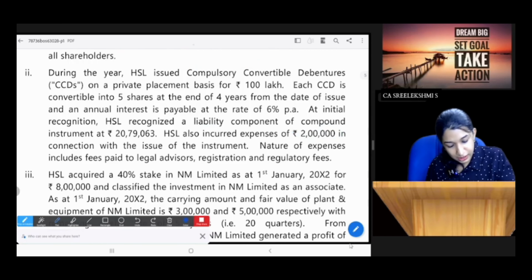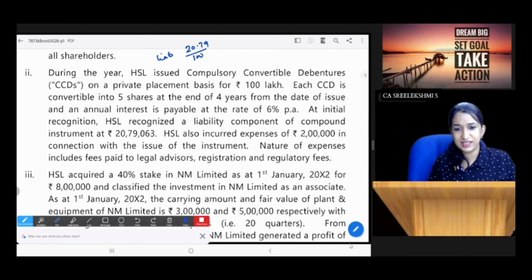So we are allocating 20.79 divided by 100 to liability, and I've taken just the balance for equity.